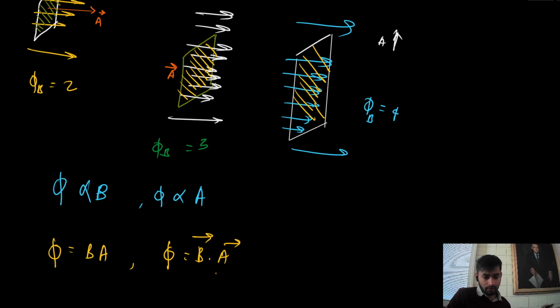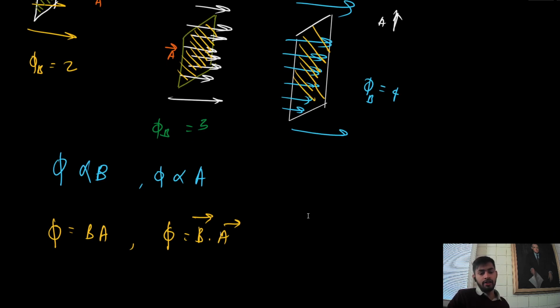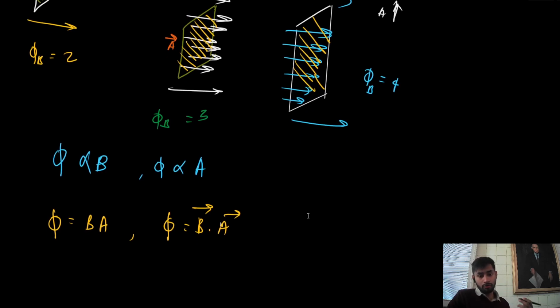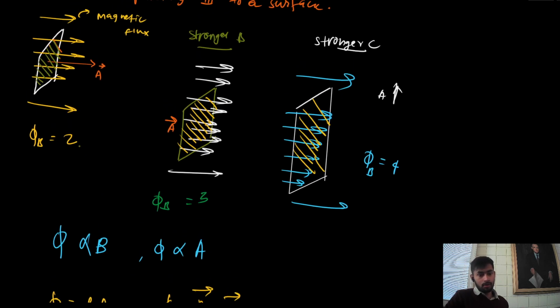So yeah, that was the philosophical idea, the mathematical idea of having dot product, with an intuition. Also, in this problem, as we know, and if you don't know, the area in itself is a vector quantity.